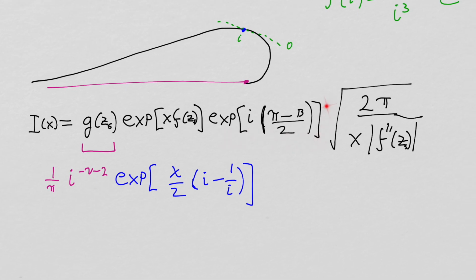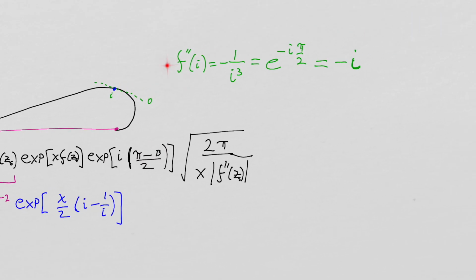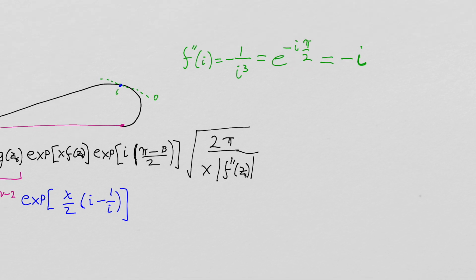Then we evaluate this exponential, pi minus beta over 2. And we've decided that beta is derived from the argument. I think it is called the argument of the complex function. Regardless, it's the phase of the polar form, which is minus pi over 2.